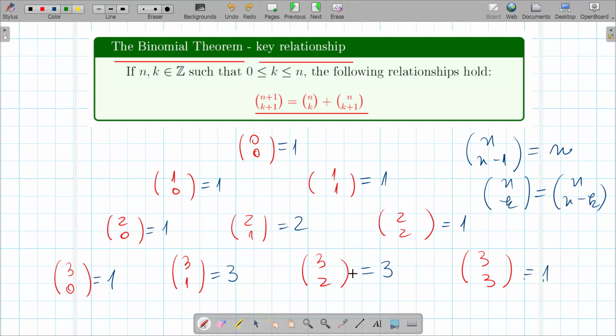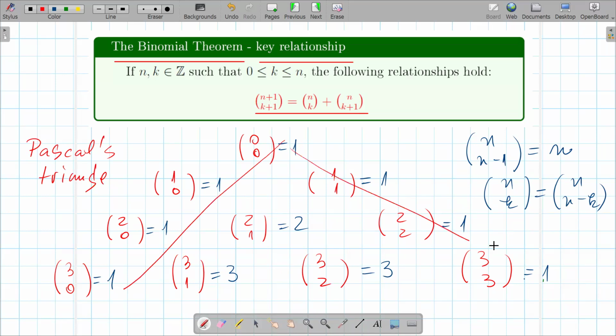Well, I think we actually saw a triangle of numbers like so. It's just that at the time, it was called Pascal's triangle. We've got ones on the outsides of this triangle, and every single number in the triangle is equal to the sum of the two numbers above it.